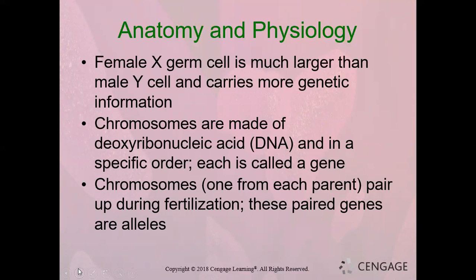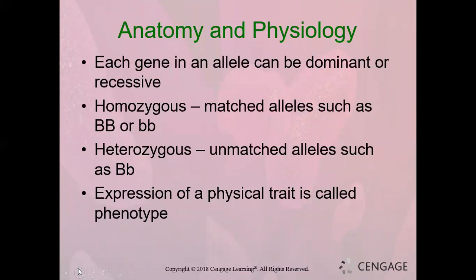Chromosomes are made of DNA, and they are in a specific order, and each one is called a gene. Children get one from each parent, and they pair up during fertilization, and the paired genes are called alleles. You don't necessarily need to know that.